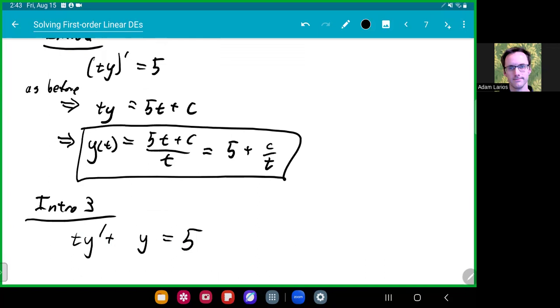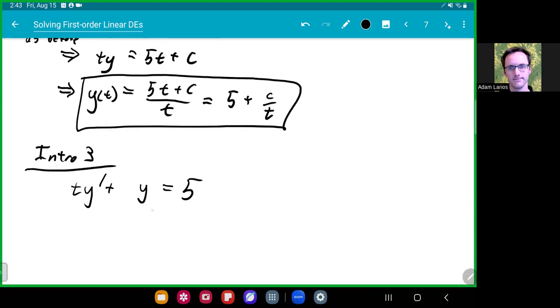We can't just integrate anymore. For instance, if we tried to integrate, we don't have this thing by itself, so it's not even clear what could happen there. Maybe we could try to get rid of this t, divide by t, but it's far from clear what to do, right? Because we would still have a y over here, and we don't know what y is. We can't just integrate the equation.